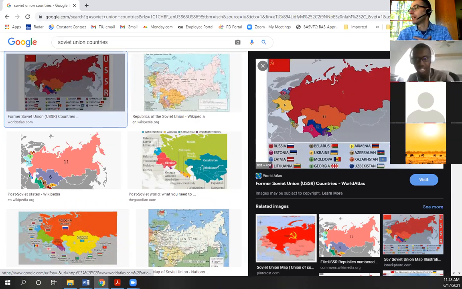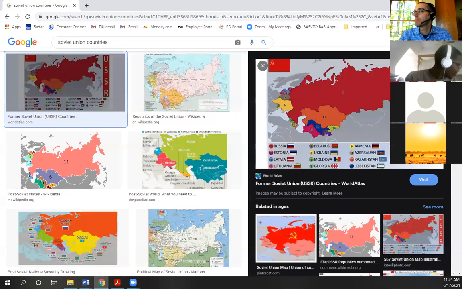I don't think very often about Turkmenistan or Moldova or the country of Georgia. It's not our state of Georgia, it's the country of Georgia. People live there, but these aren't the most important countries to me. These are the smaller countries that broke off when the Soviet Union broke up. For much of the Cold War, from after World War II until I think 1989, they were all together as the Soviet Union.